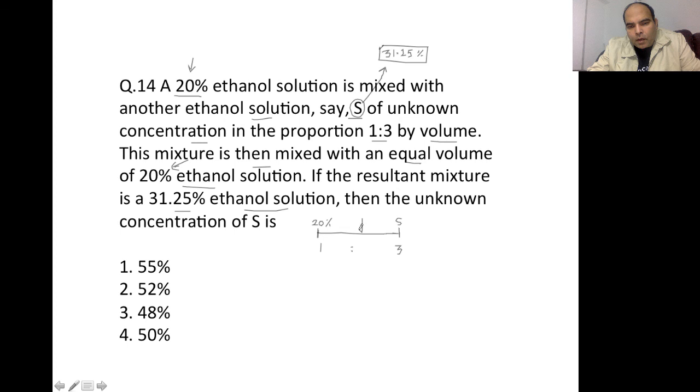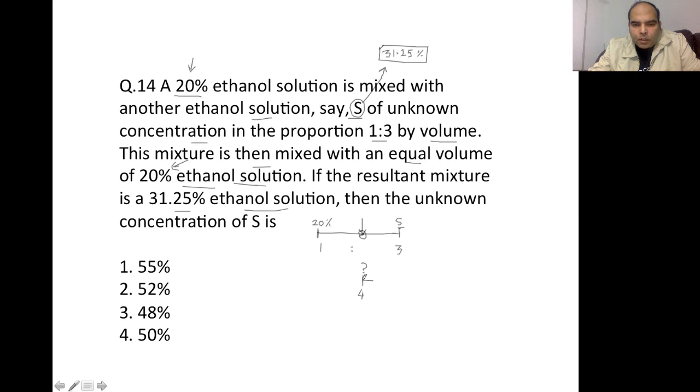You're getting a solution whose concentration you do not know because you do not know S. But you also know that you're getting 4 units of this concentration. And then this concentration, which you're getting here, is mixed with an equal volume of 20% solution.